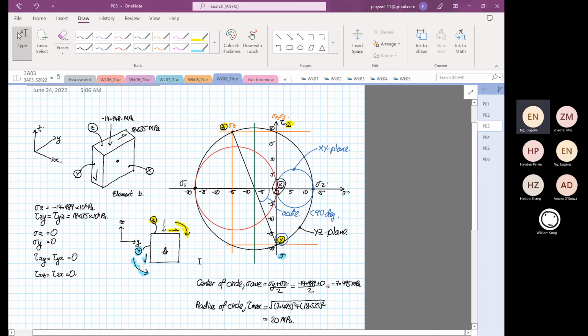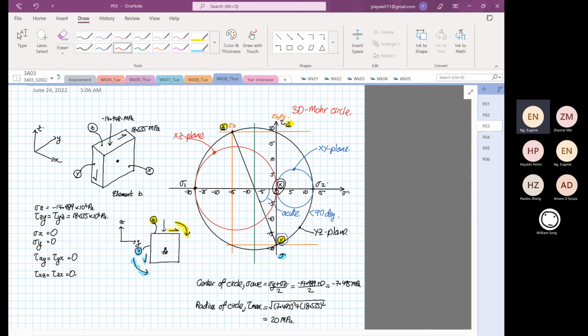So this over here belongs to your XZ plane. So this is what we call a 3D Mohr circle. 3D Mohr circle does not mean it's a sphere. It just has 3 circles.